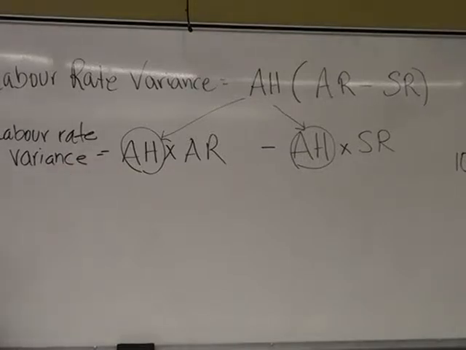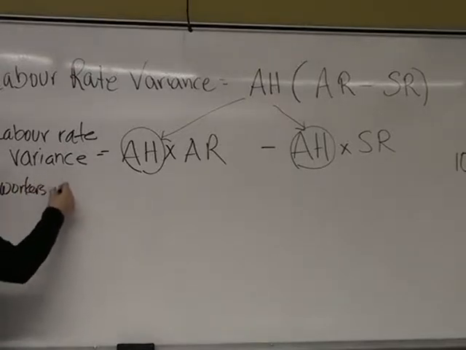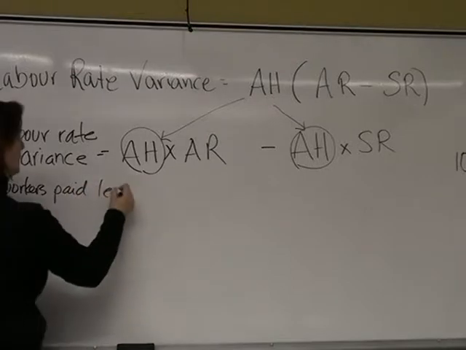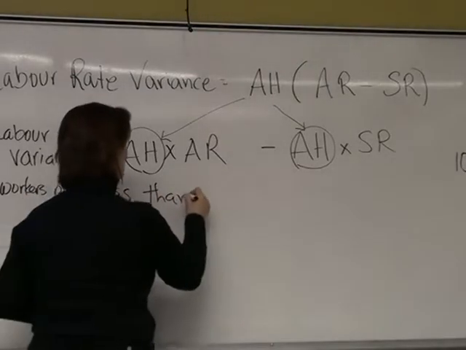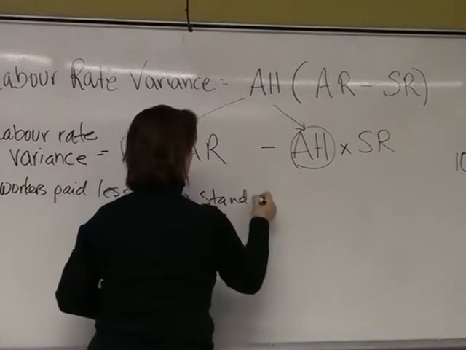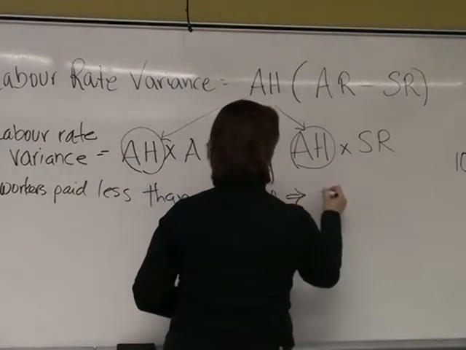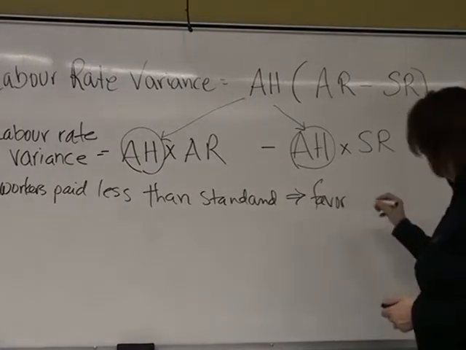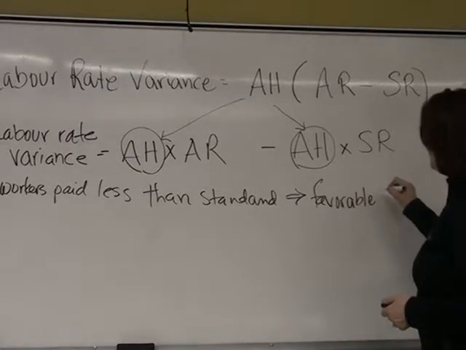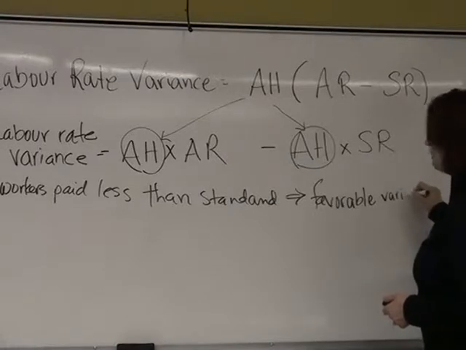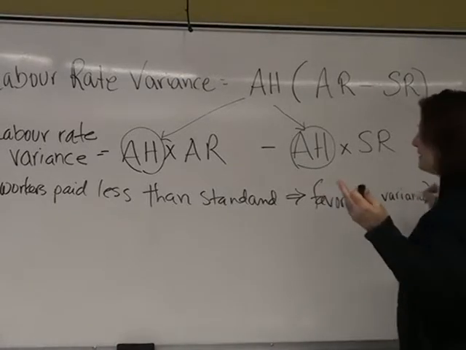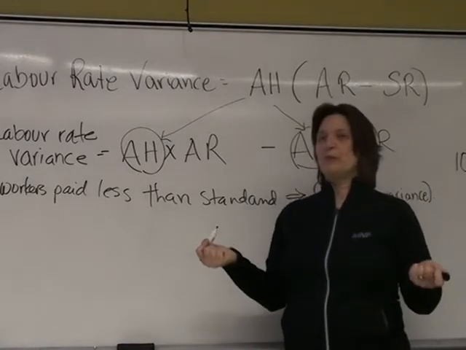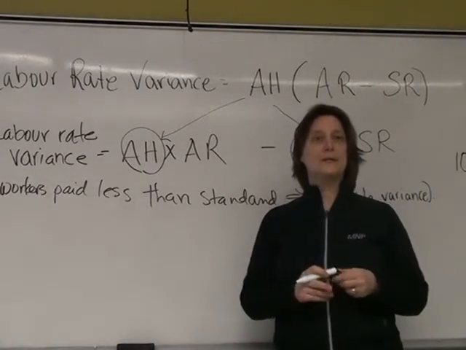You paid more or less for your workers? Less. So your workers were paid less. If your workers are paid less than your standard, that gives you a favorable labor rate variance, right? Okay. So what are some reasons that your workers might be paid less, other than they're less skilled? What are some other reasons why your workers might be paid less?